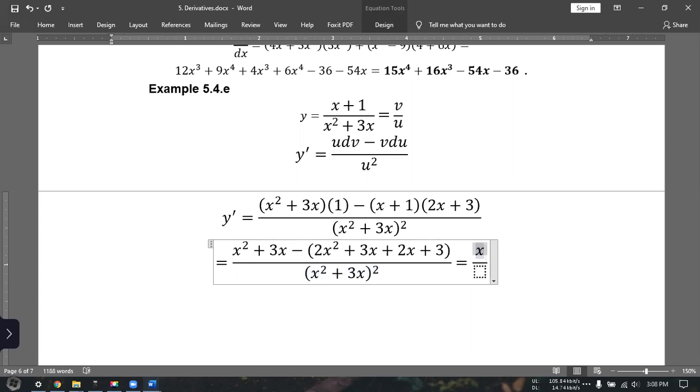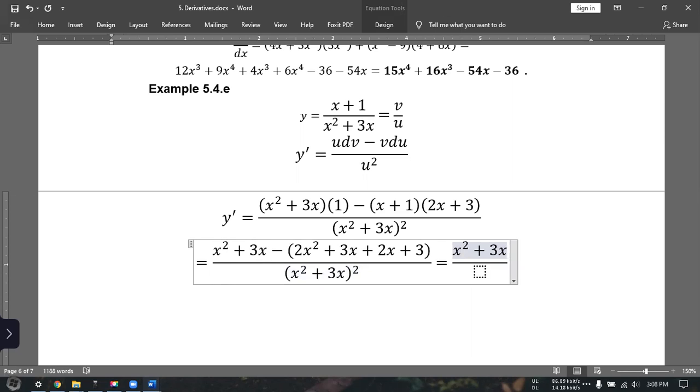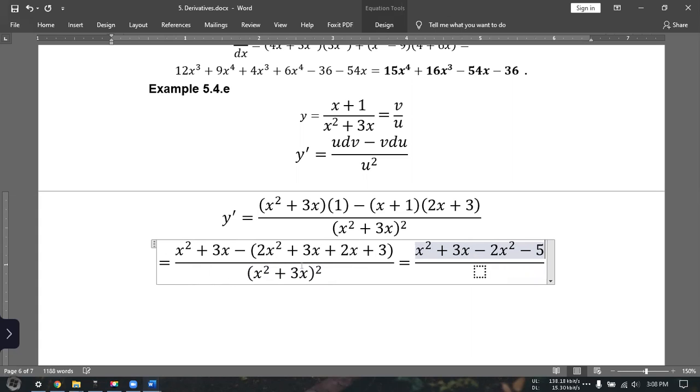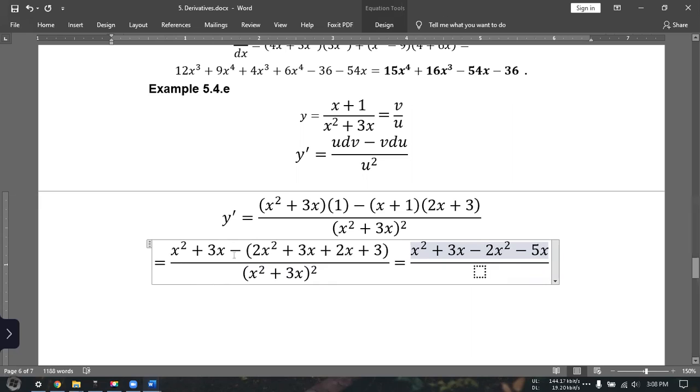X squared plus 3x. Distribute the negative. We have negative 2x squared. This is negative 5x, right? 3x plus 2x is 5x, and then we have the negative outside.